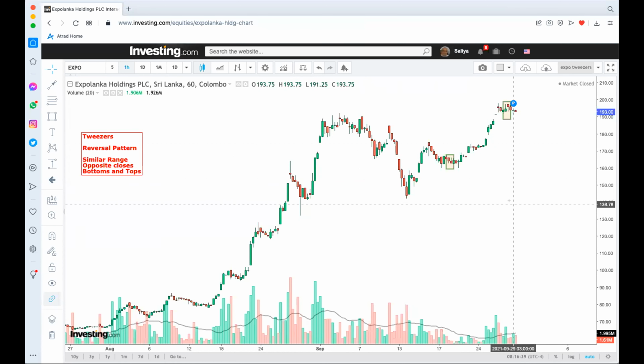The tweezers are not frequently visible, and also the Harami with the Doji Haramis and the Doji engulfing patterns are not frequently seen in our market.